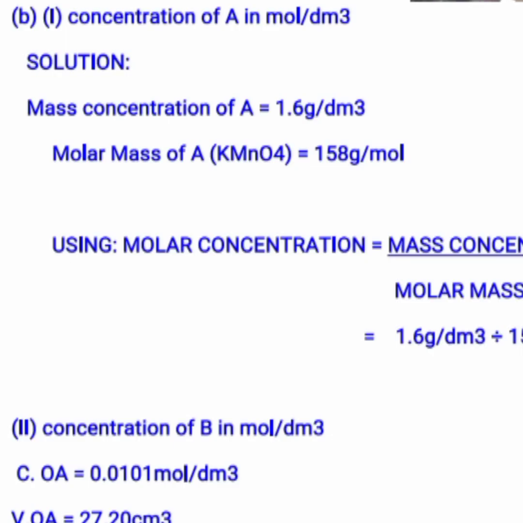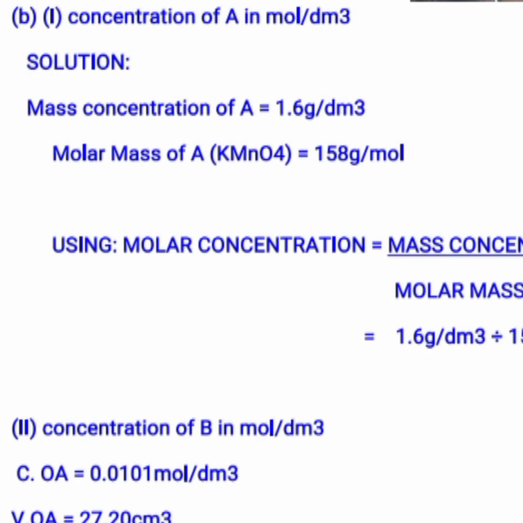BI says we should find the concentration of A in mole per dm cube. Solution: the mass concentration of A was given as 1.6 gram per dm cube. The molar mass of A, that's potassium permanganate, when you calculate, you get 158 gram per mole. Of course, you have to show calculation.